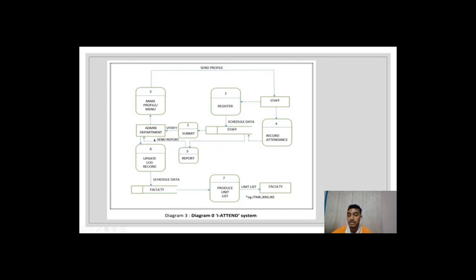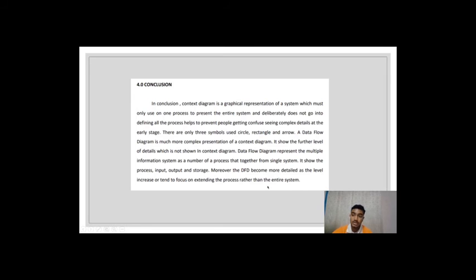The admin will update the log record, which is process 6, and then the schedule data will be saved in the faculty store, and then produce the unit list, which is process 7, and then the unit list will be stored in faculty.